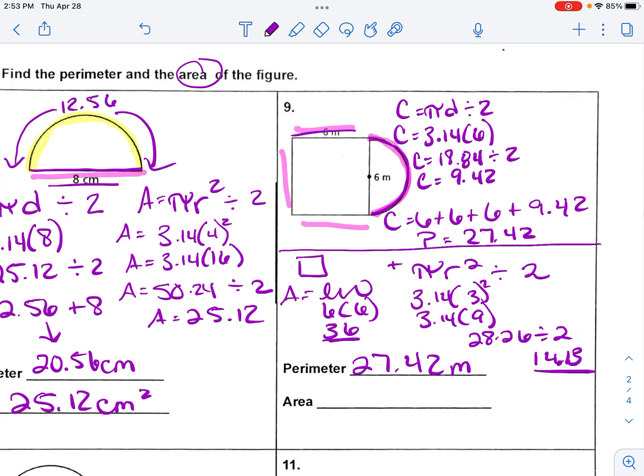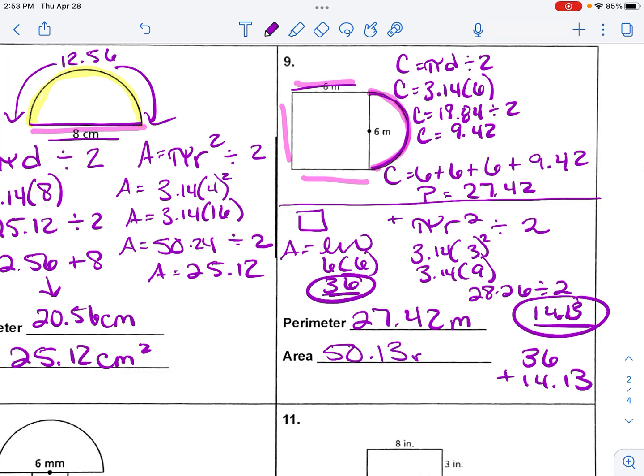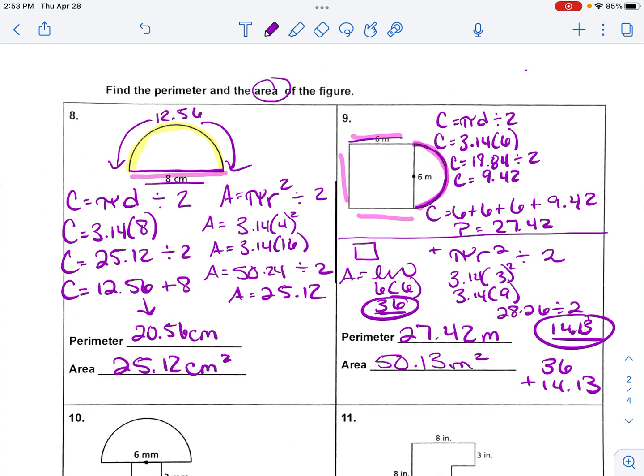That's the inside of the circle. 36 is the inside of the square. So to find the area, we'll add them together to get 50.13. And it's going to be meters squared.